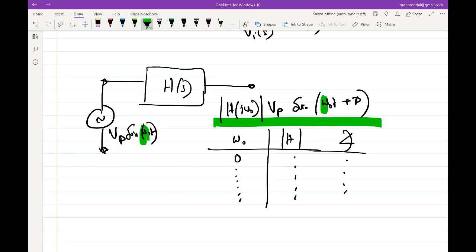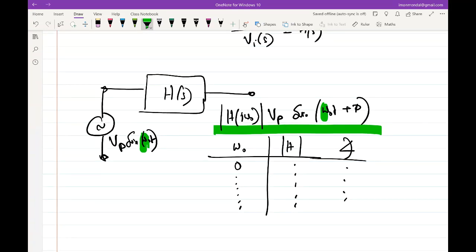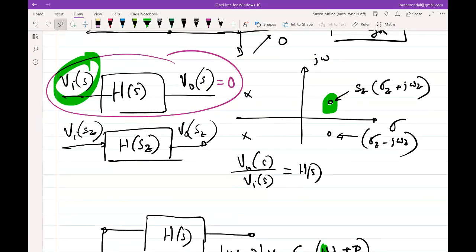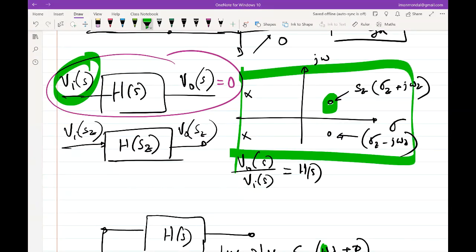Correct? But let's say I give you some box where you can vary s, both sigma and omega. Then in principle, you can sweep all values of sigma and omega to find out where the output exactly goes to 0. So assume that we have that box, and for that I can sweep the entire S-plane.